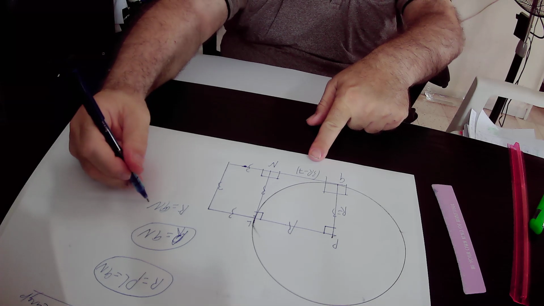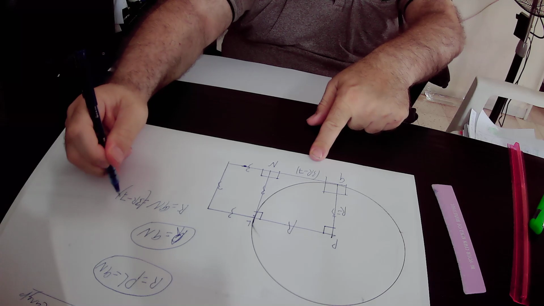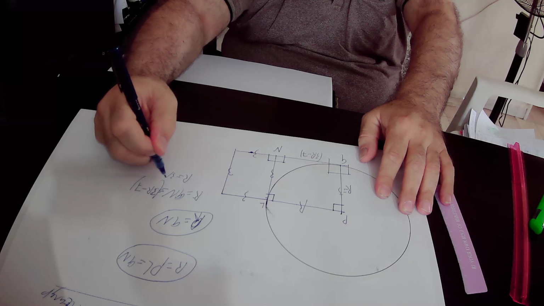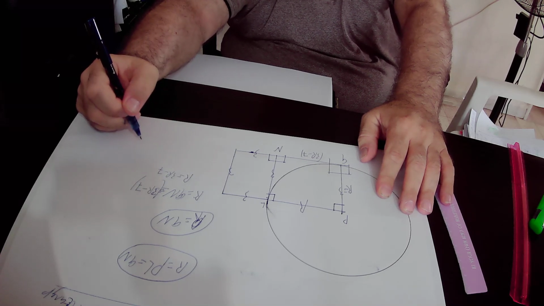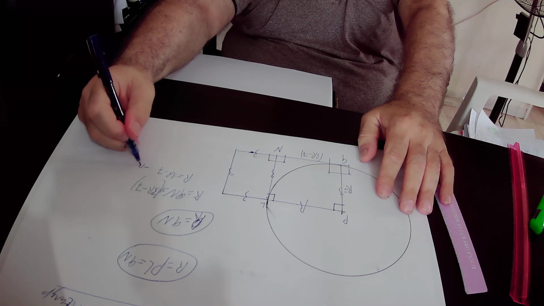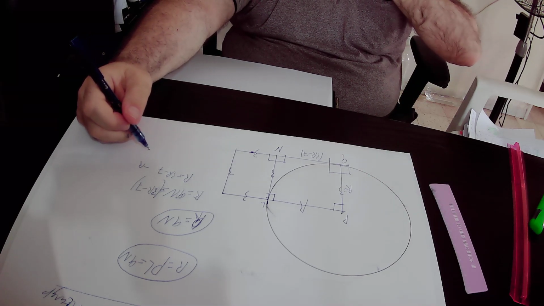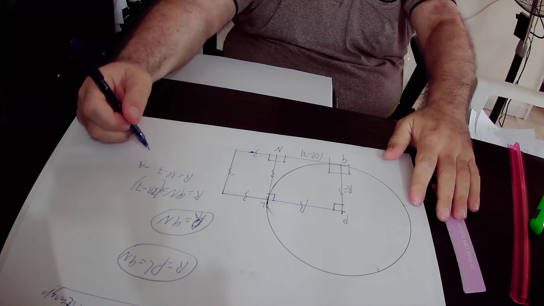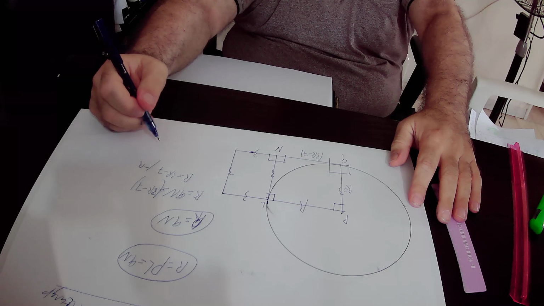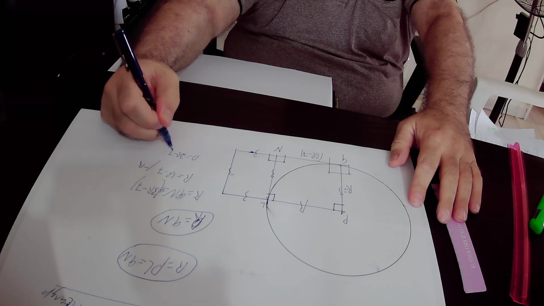Okay. And from this equation, R equals QN equals 3R minus 7, we will derive that R equals 3R minus 7. Here we subtract R from this equation, and we will get that 0 equals 2R minus 7.